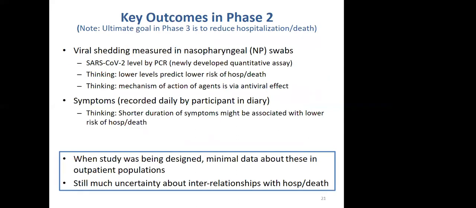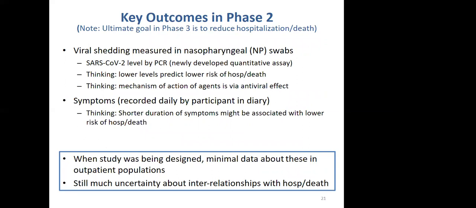So, key outcomes in phase 2. As I mentioned earlier, viral shedding is one. We measured that primarily in nasopharyngeal swabs, and that's eventually what we simplified the study to focus on. What this is doing is measuring the level of virus by a PCR technique.